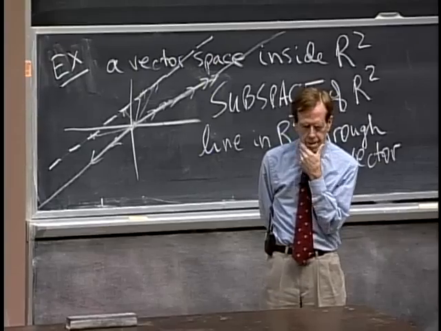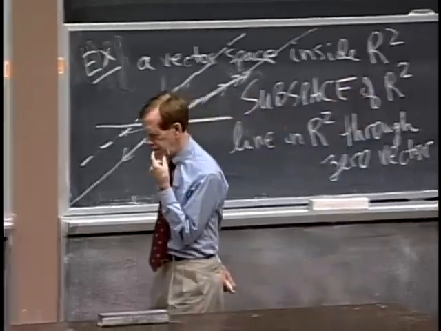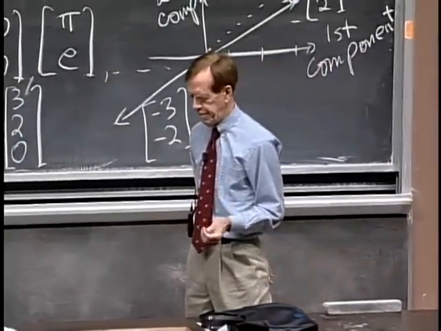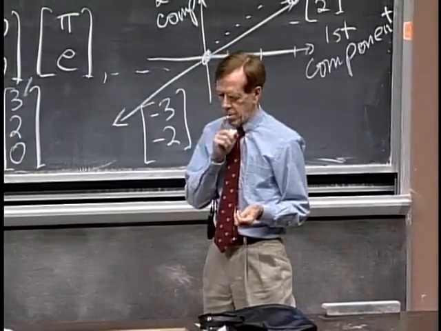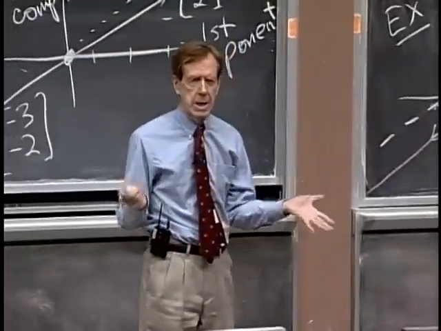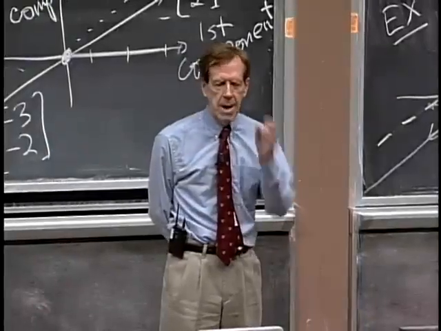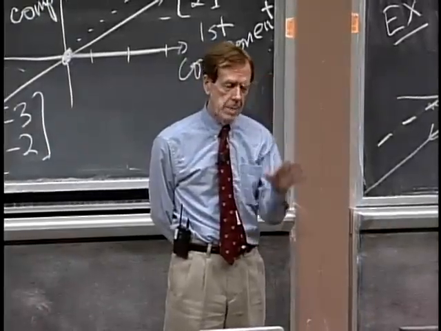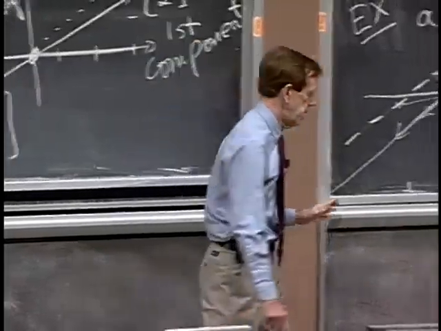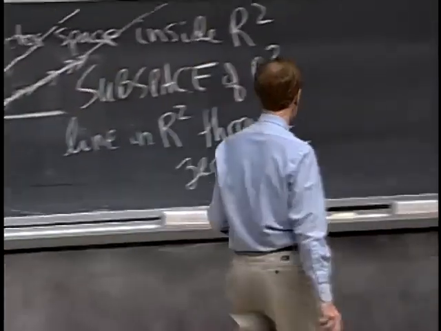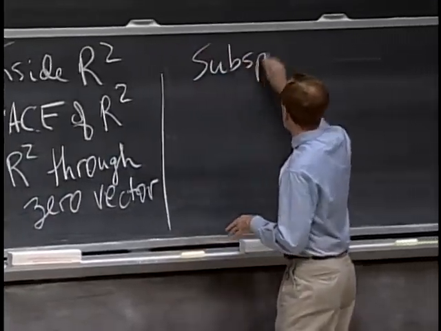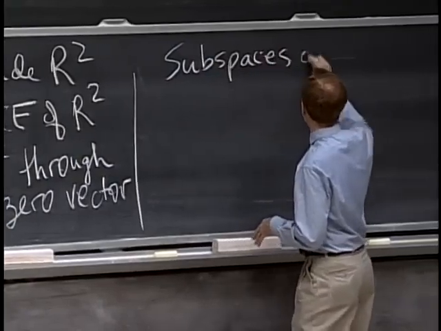Okay. Now, while I'm in R2, why don't we think of all the possibilities? There can't be that many. So what are the possible subspaces of R2? Let me list them. So I'm listing now the subspaces of R2.